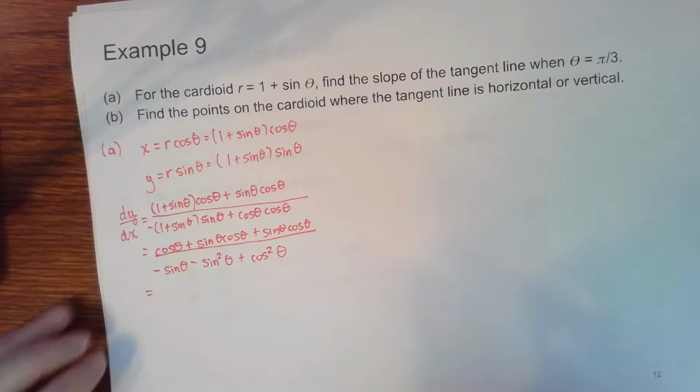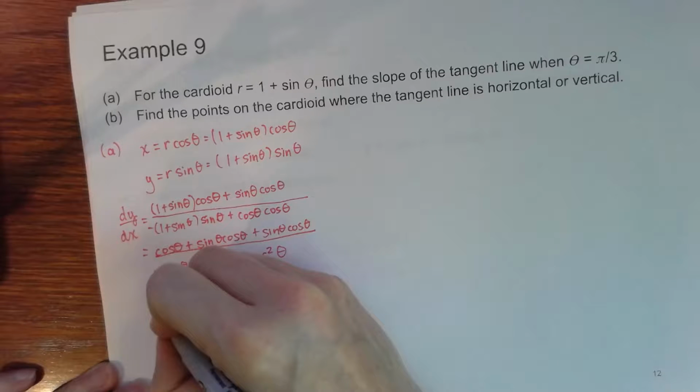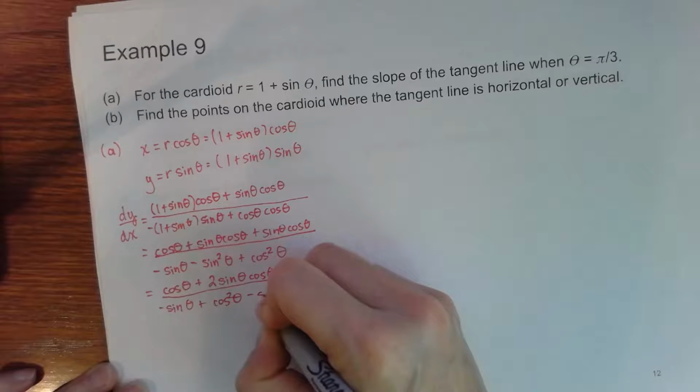Okay, so this is cosine of theta plus 2 sine theta cosine theta over negative sine of theta, and I'm going to switch the order of these, plus cosine squared minus sine squared theta.